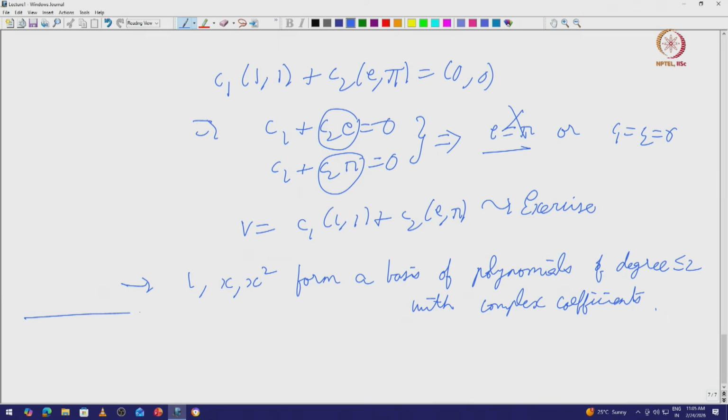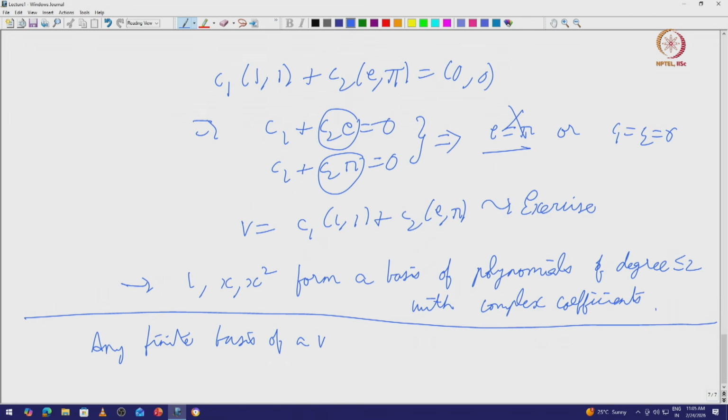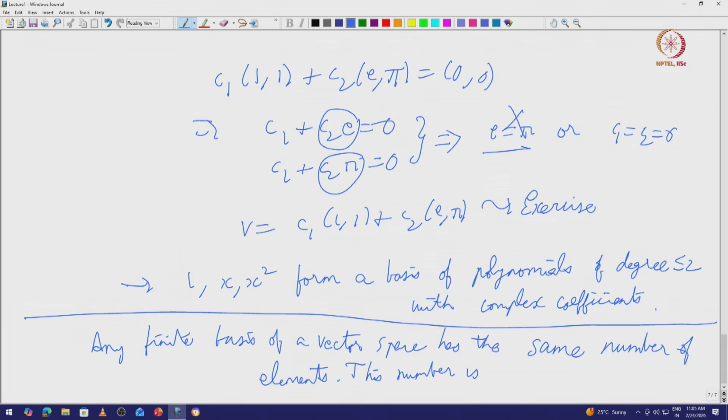Now, these are examples. Here is an important result. This is a fundamental property. Any finite basis of a vector space has the same number of elements, and this number is called the dimension of the vector space.